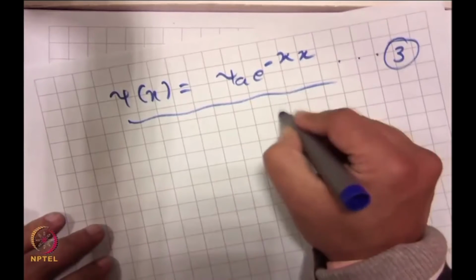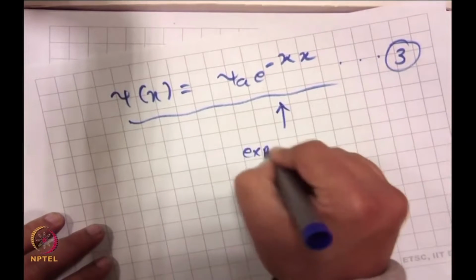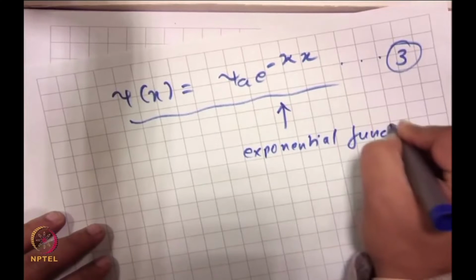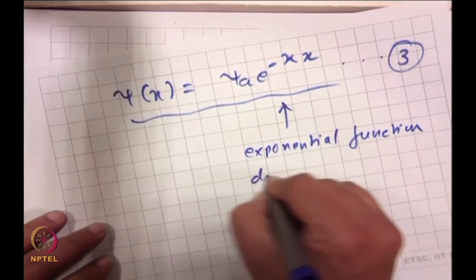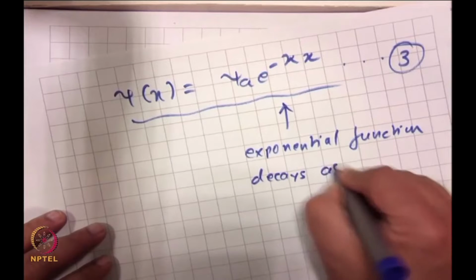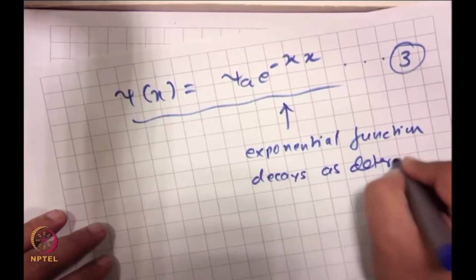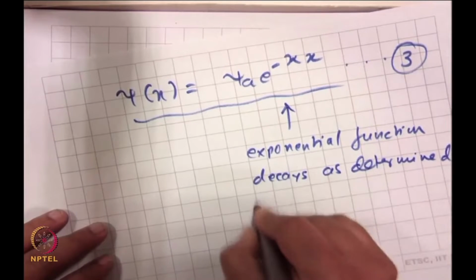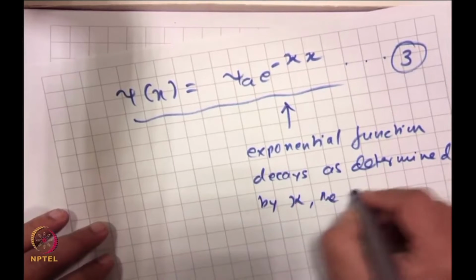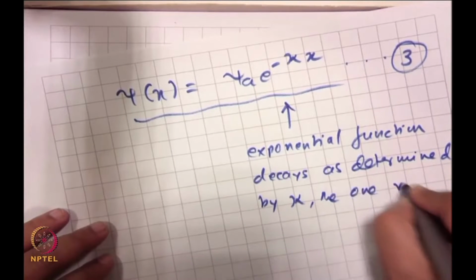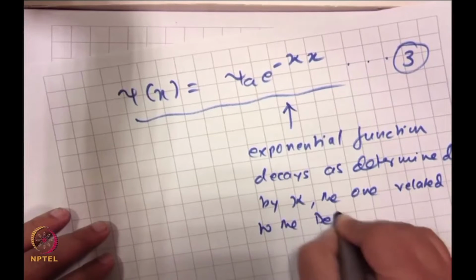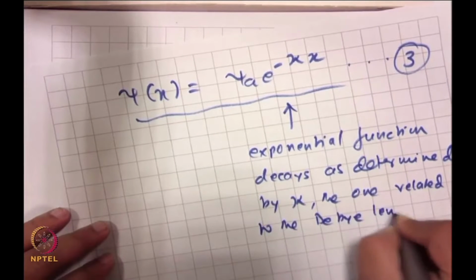So, this exponential function decays as determined by kappa, the one related to the Debye length.